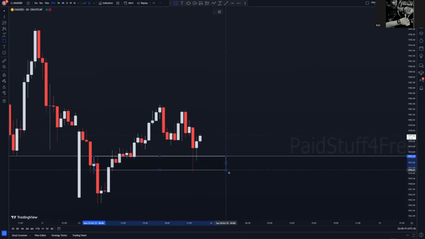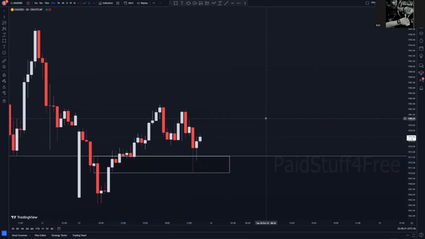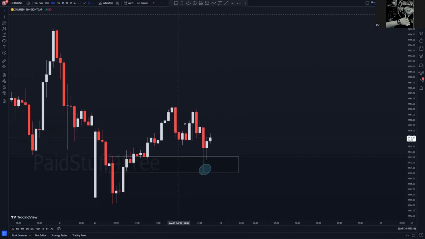First entry, right? Okay, simple. Take the buy somewhere around here. And then the price went up for about 60 pips. Sheesh. And right now the price is currently at the roadblock, right?